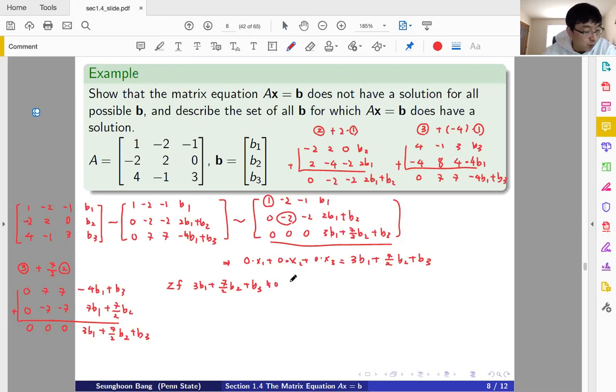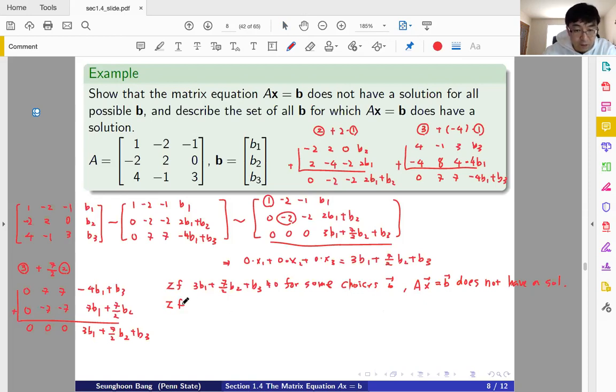then for some choices of vector B, AX equals B does not have a solution.